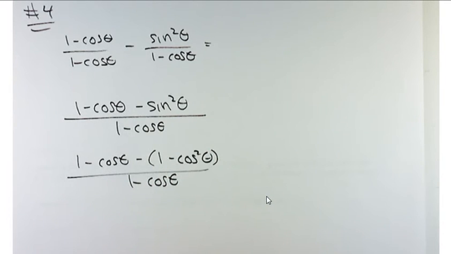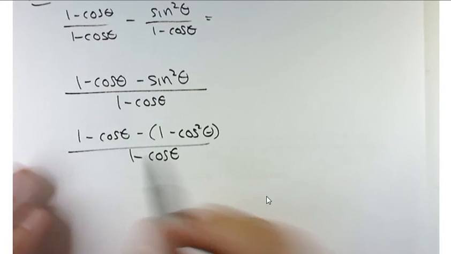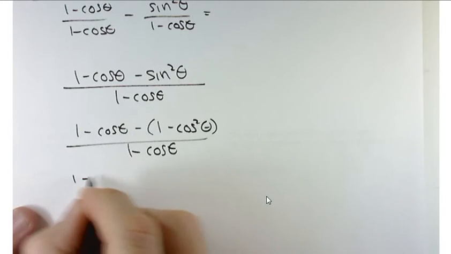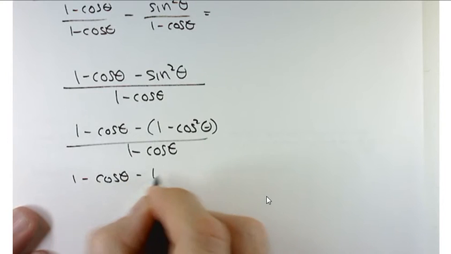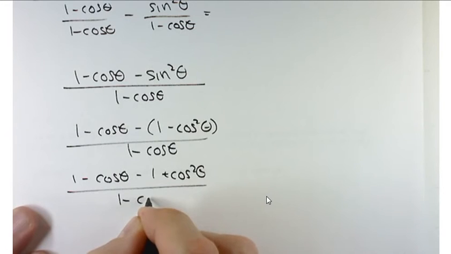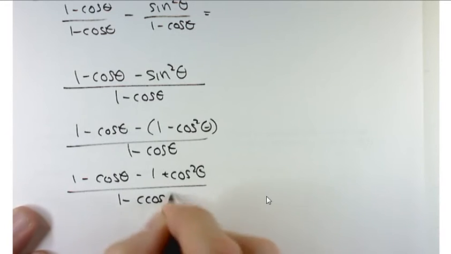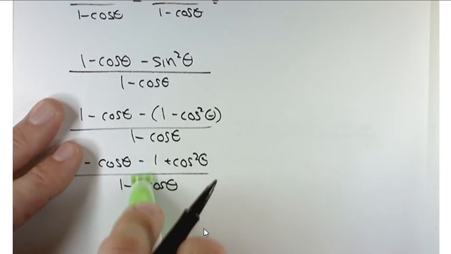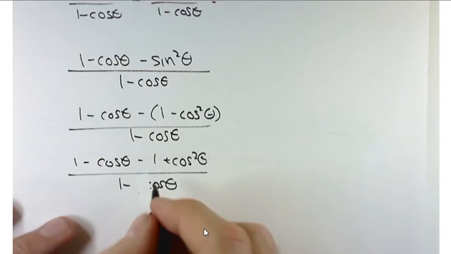So Vivek, this is where you don't have to prove that, all right? Just use it. I don't want you to prove that. Now what? Now what can I do? Suggestions? All right, let's distribute. That's a great idea. So 1 minus cosine of theta minus 1 plus cosine squared of theta over 1 minus cosine of theta.